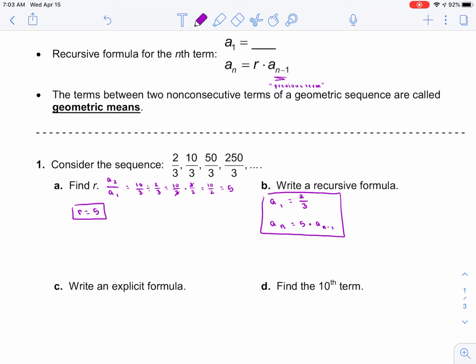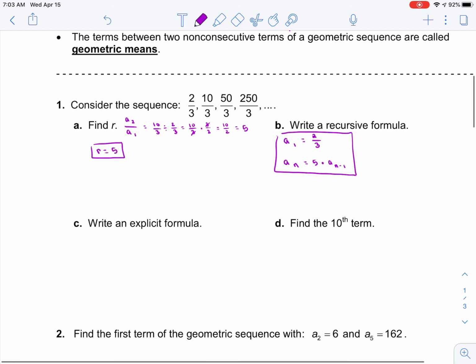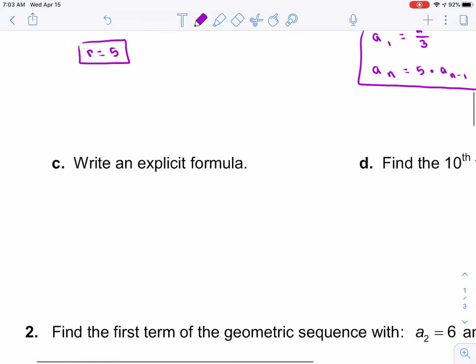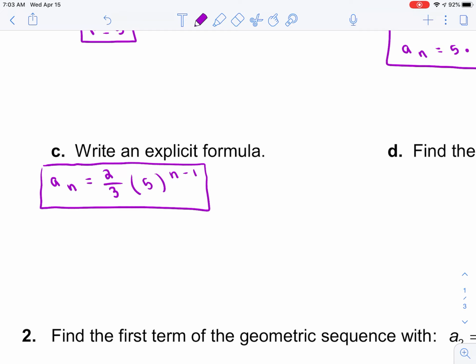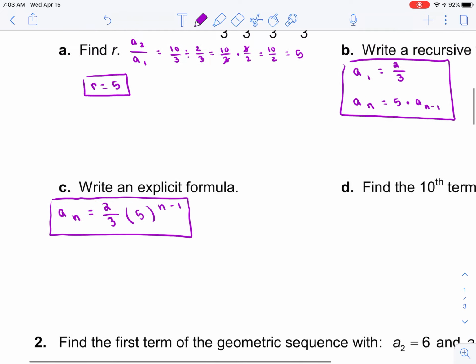That would represent the b value, that base number for our exponential function. So if I said write an explicit formula, you always start by writing the first term, so that's 2/3, and then that common ratio value, which in this case was 5, to the n minus 1. And that's it. You're going to love this formula because you don't have to do the same type of math that you had to do with the arithmetic.